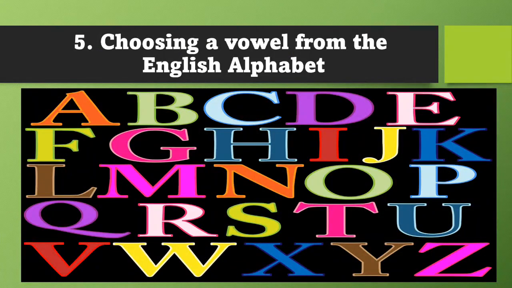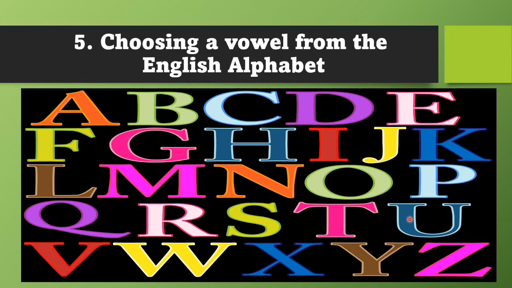And then the last one, choosing a vowel from the English alphabet. We are going to count only the vowels in this English alphabet. We have A as in apple, E as in elephant, I is for insect, O is for orange, and U is for umbrella.